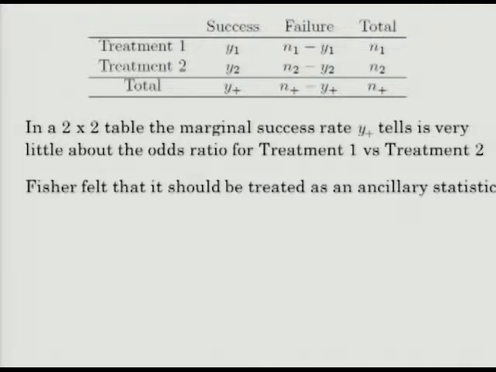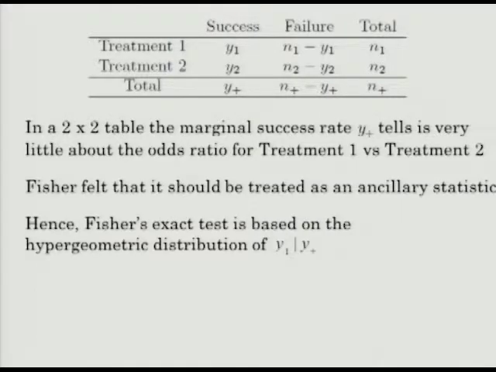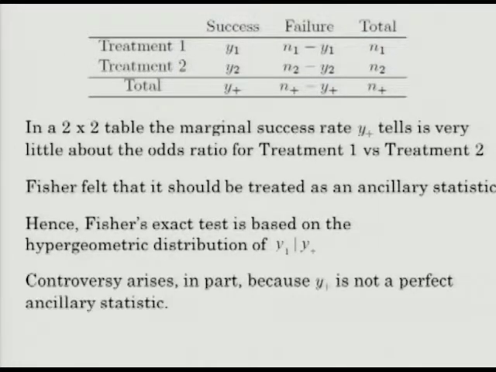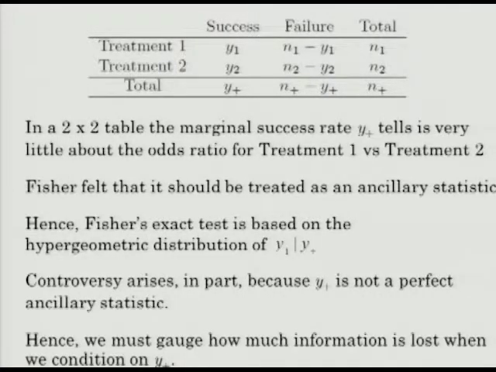For that reason, Fisher felt that it should be treated as an ancillary statistic, and hence Fisher's exact test is based on the hypergeometric distribution of y1 given the marginal success total. Controversy arises, at least in part, because y plus is not a perfect ancillary statistic. Hence, we need to gauge how much information is lost if we, in fact, do condition on y plus.